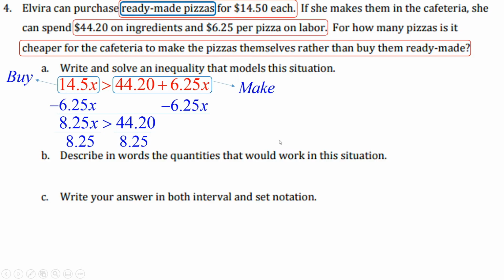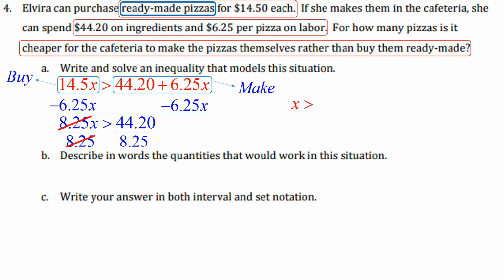Boy, another calculator moment here. So that doesn't change the orientation of my inequality symbol. We're still greater than. And on the left, the 8.25's cancel, leaving my factor of x. So x is greater than $44.20 divided by 8.25.